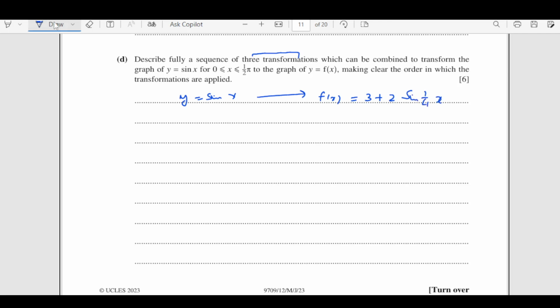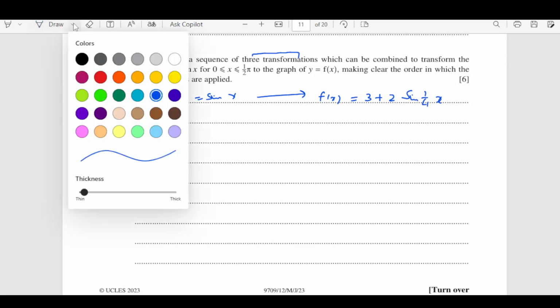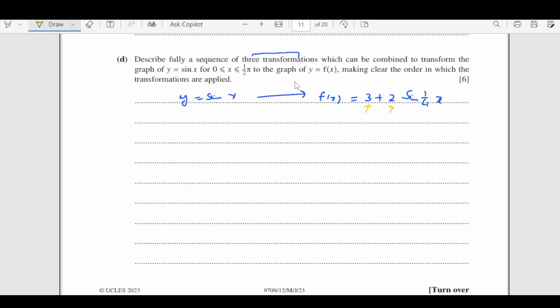If you want to see the 3 transformations, let me change the color here. One transformation is here, another one is here, the third one is here, right? So we have a series of different transformations.